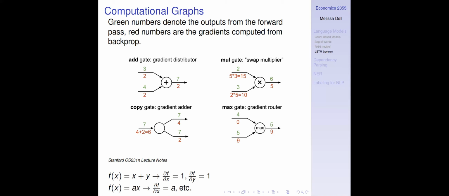Where you get in trouble in RNNs is with a multiplication gate, because the derivative of ax with respect to x is a. In an RNN, remember the whole point is that you use the same weight matrix at every time step, because that's what allows you to have an arbitrary length sequence.